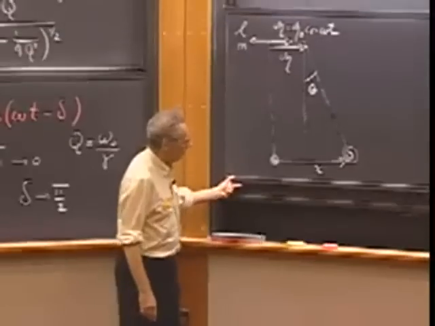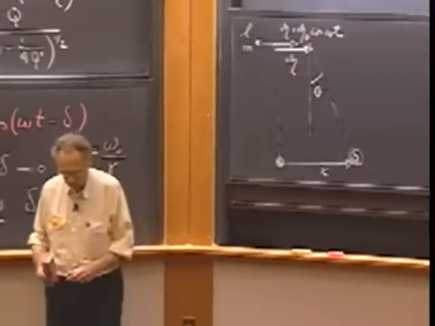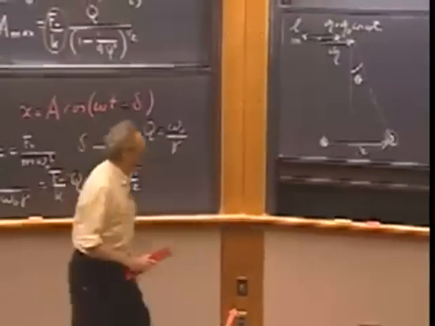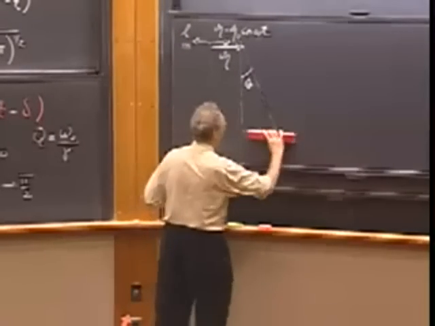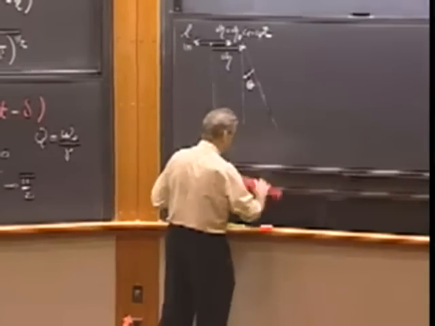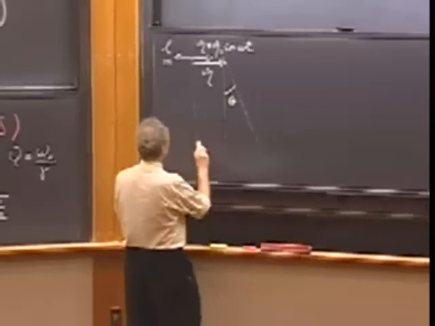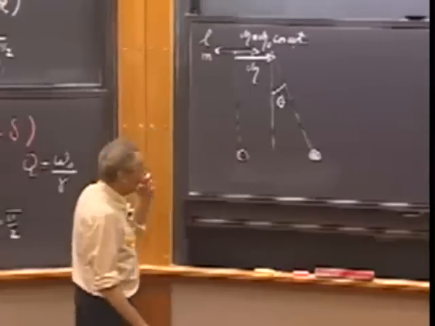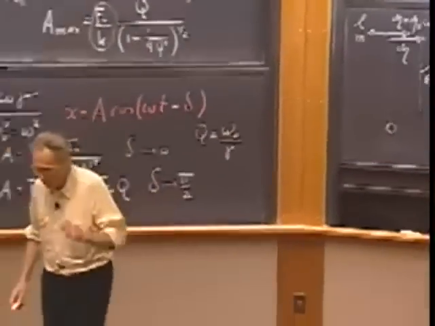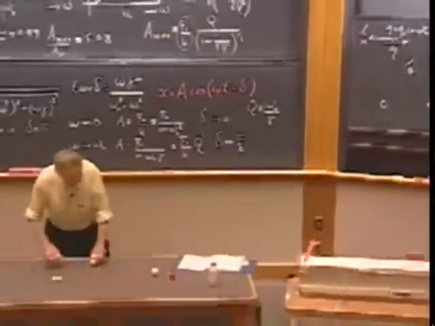So now, I want to put in all the forces that are at work. I will move it up a little bit because I want to have a little bit of room for my forces. So make the length a little shorter. So here is the object. There are only two forces on this object.